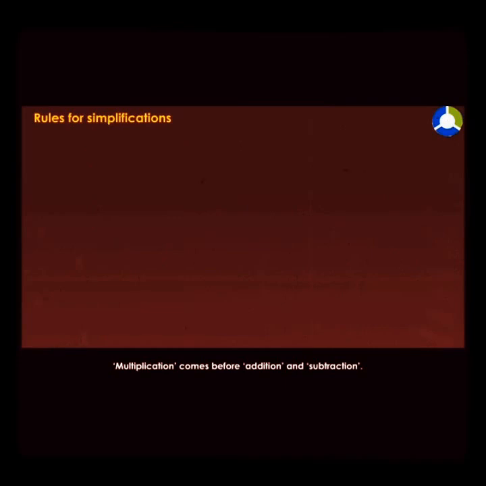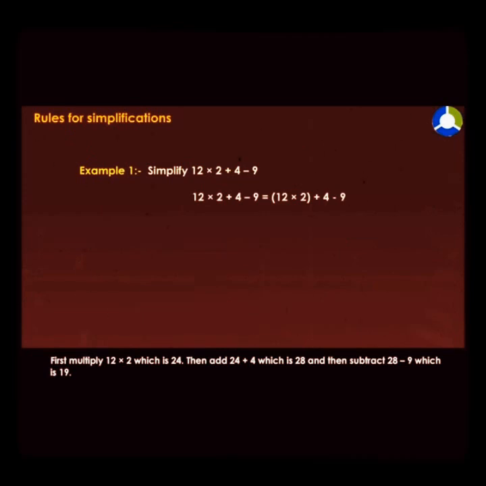Remember that multiplication comes before addition and subtraction. Example 1. Simplify 12 multiplied by 2 plus 4 minus 9. First multiply 12 into 2, which is 24.